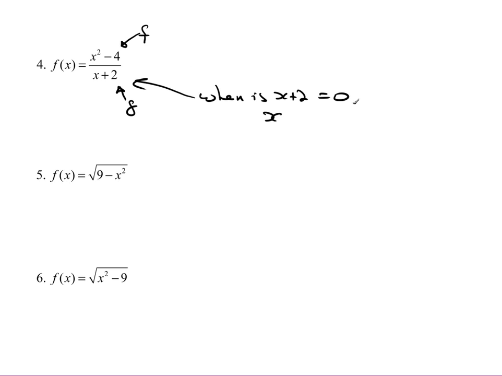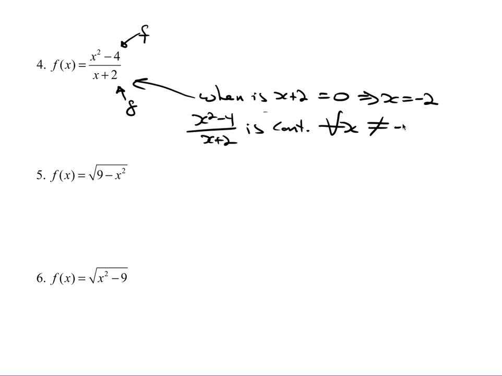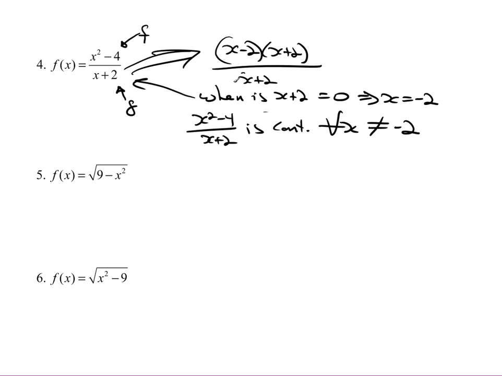So x plus 2 equals 0 implies that x equals negative 2. So I'm going to say that x squared minus 4 over x plus 2 is continuous for all x not equal to negative 2. Now if I do a little algebra on it, I'll see that this is x minus 2 over x plus 2, and this is x plus 2.